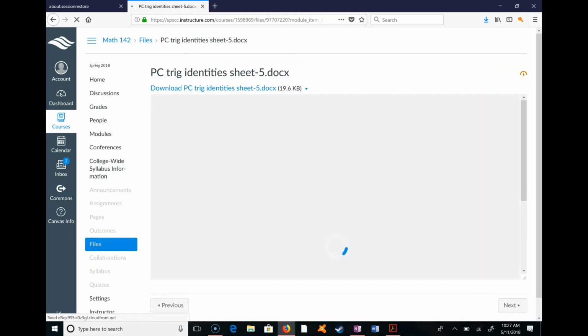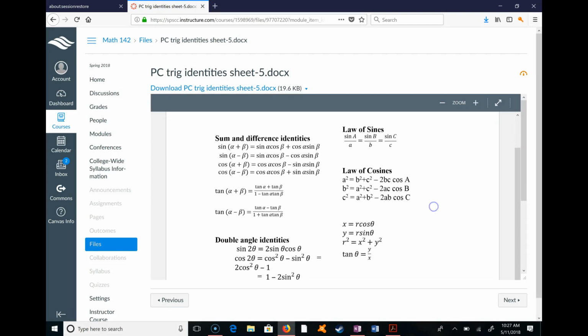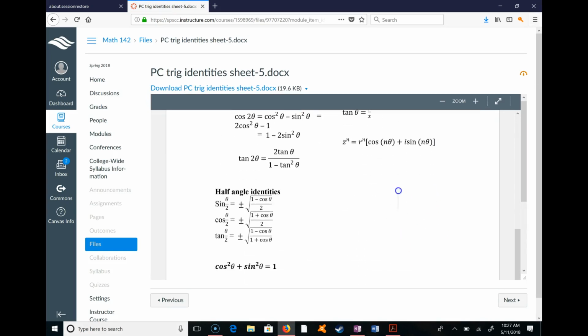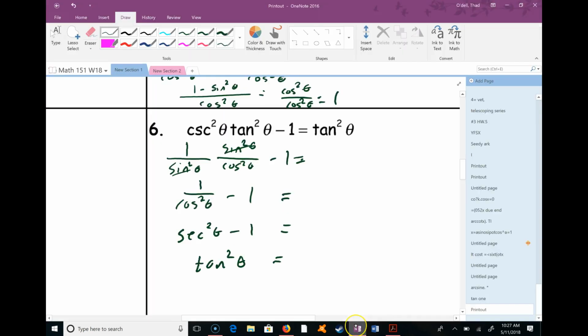If you pop that open, here's all those trig identities that we're using. So far, we're really only using these guys down here. These are called the Pythagorean identities. We'll get to the other ones later, but this is really what we're using right now. So let's hop back over there. So you should have that page printed off also.